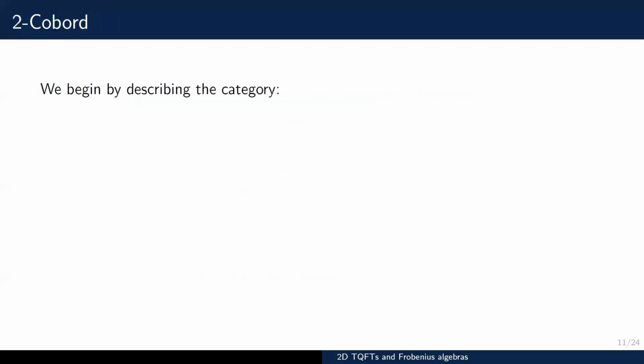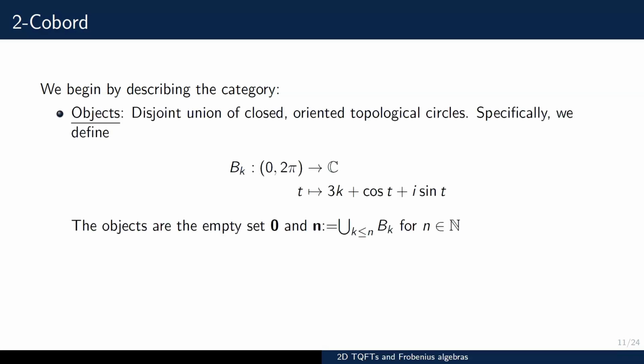Now, since today we are just going to be focusing on two-dimensional TQFTs, let's focus on describing the category of 2-cobord. Since the objects need to be closed oriented manifolds, these are just oriented topological circles. So basically what we have is just disjoint unions of circles.